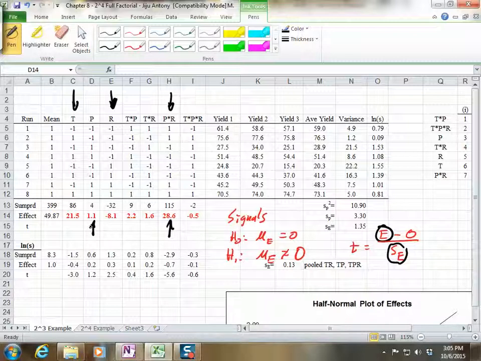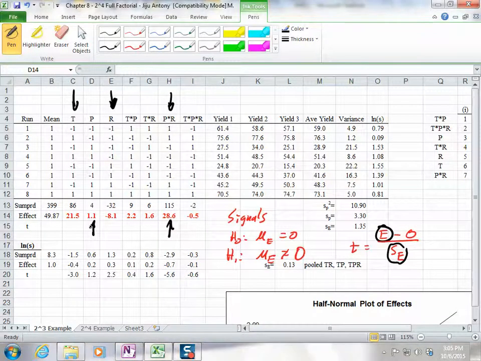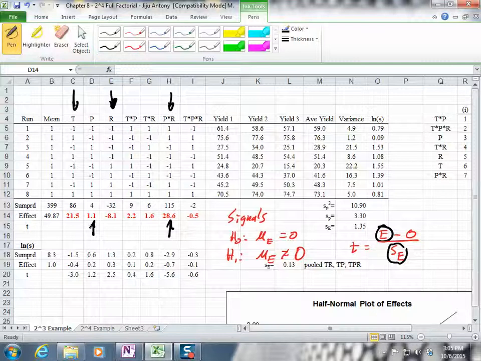Is that what your question was? Okay, it's related. Maybe we can get back to your exact question. And this is actually a bigger effect than a main effect. All right, let's handle that question first.